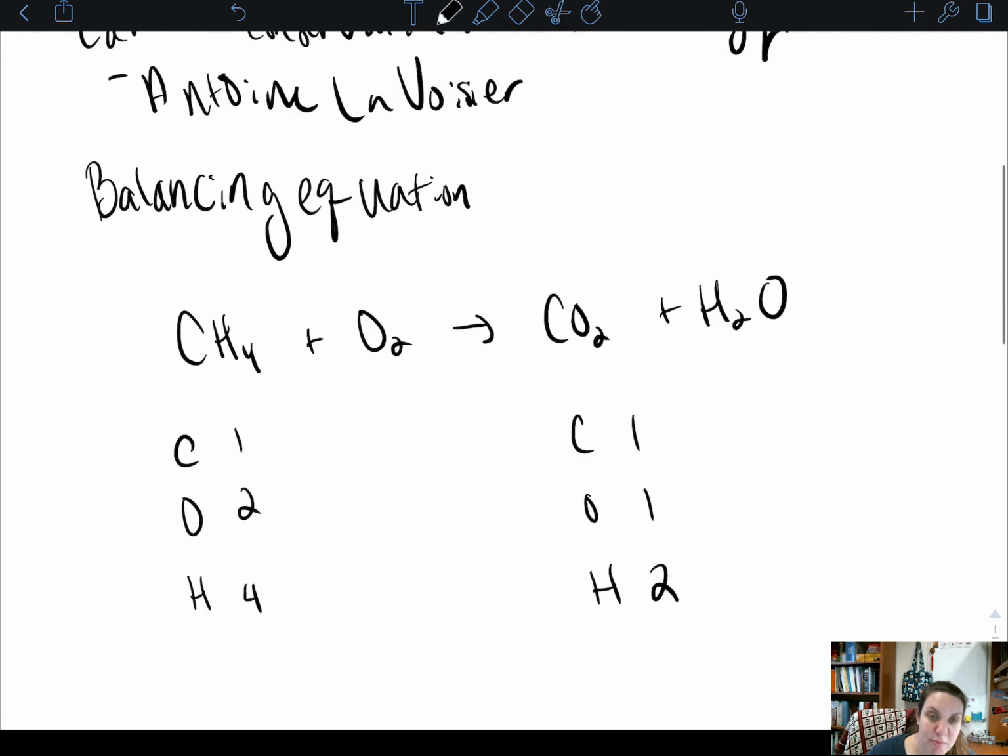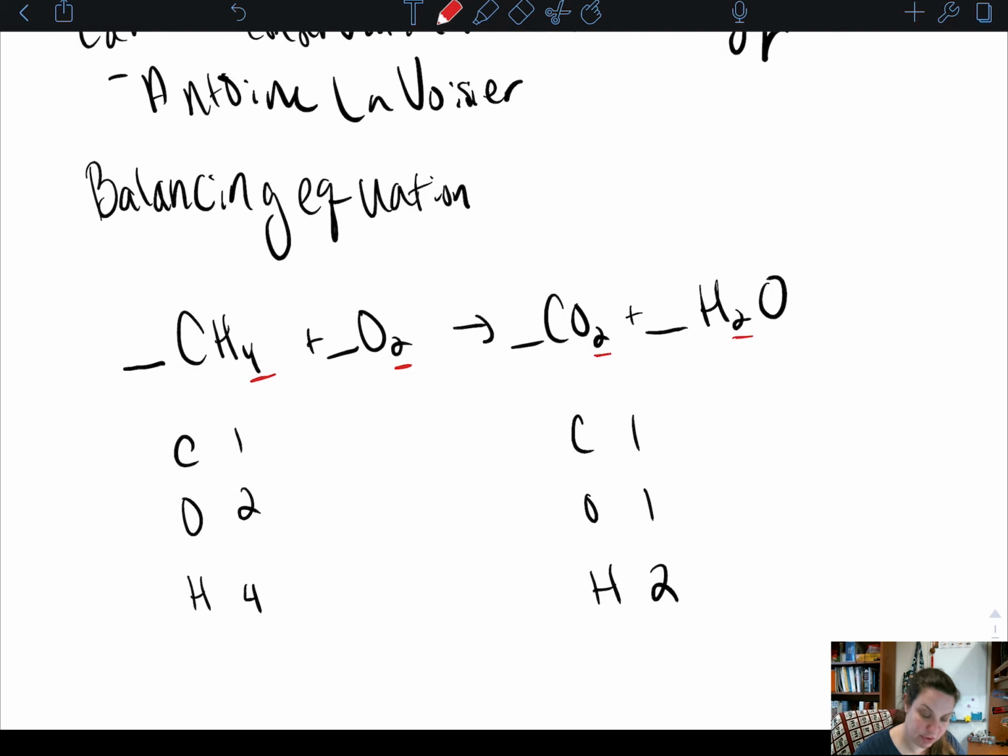We do this by adding in what's called a stoichiometric coefficient, something before each of our chemicals in order to balance them out. So let me just make some notes in here real quick. These subscripts are there to indicate how many atoms are in that chemical formula.